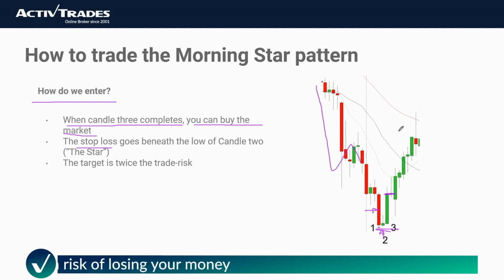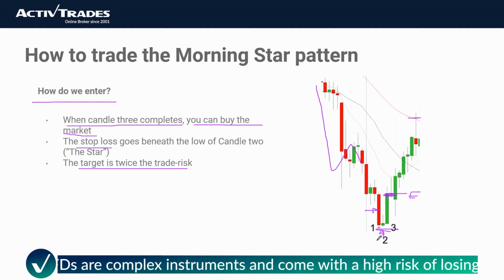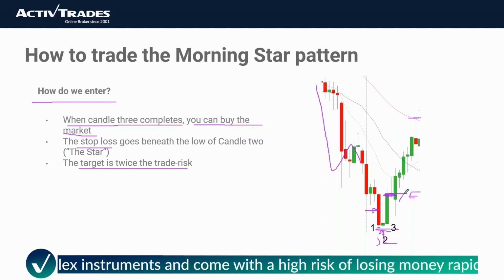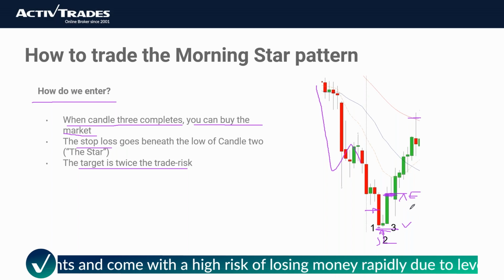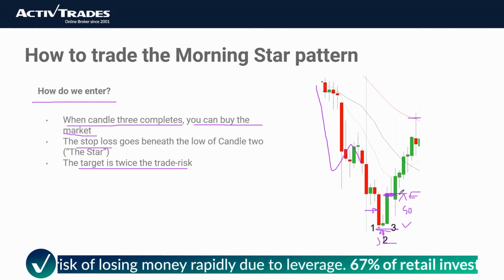And as a general rule, ideally, we should be able to achieve twice the trade risk. By trade risk, I mean the range between where we enter and where our stop loss is. Let's just say, hypothetically, that was 50 pips.